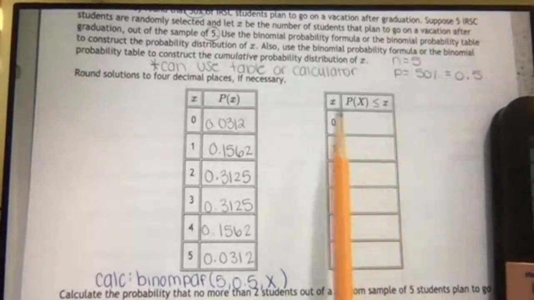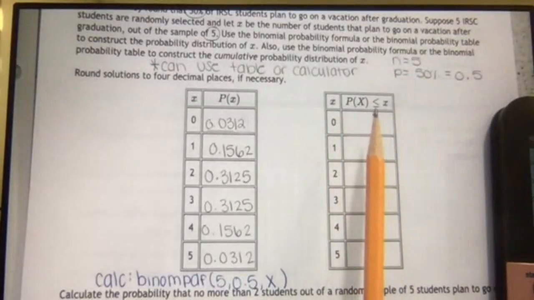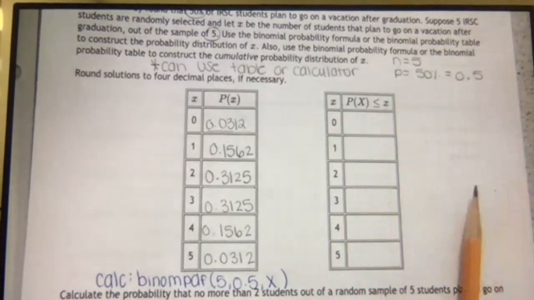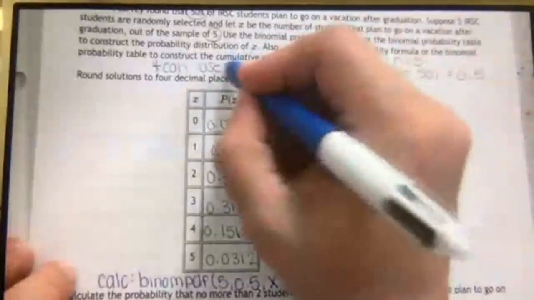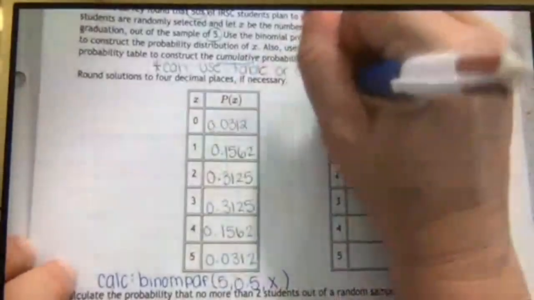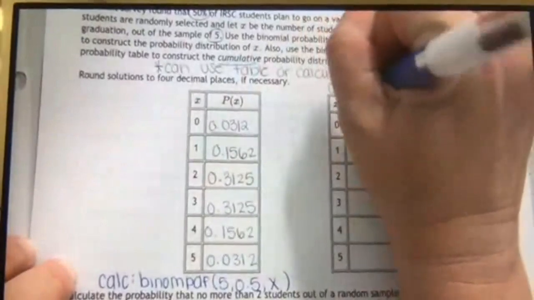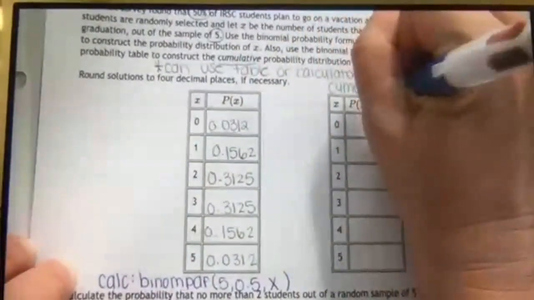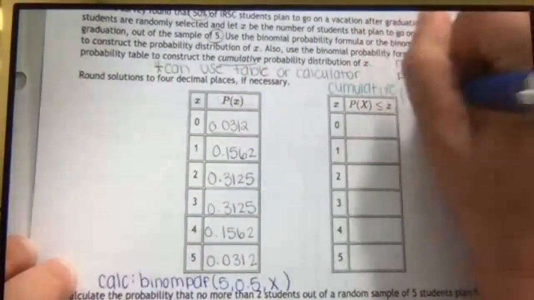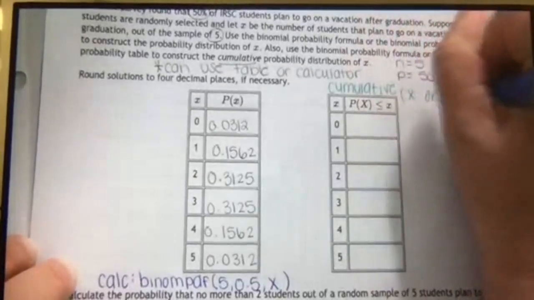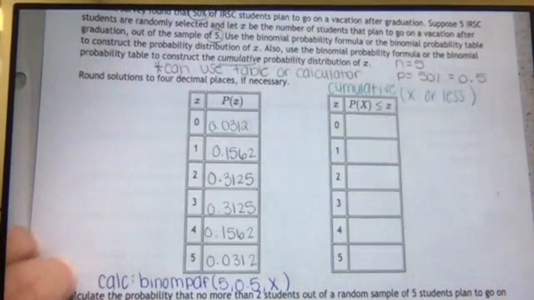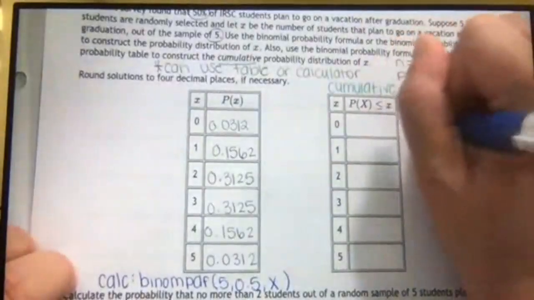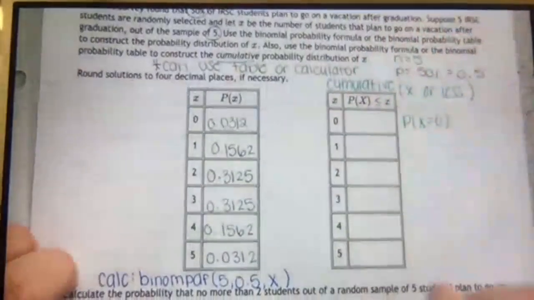Next, this says the probability of less than or equal to x. So this is going to be cumulative. It tells you that here, cumulative, which means it's going to be x or less. When x is 0, there's nothing less than that, so it's just when x is 0.